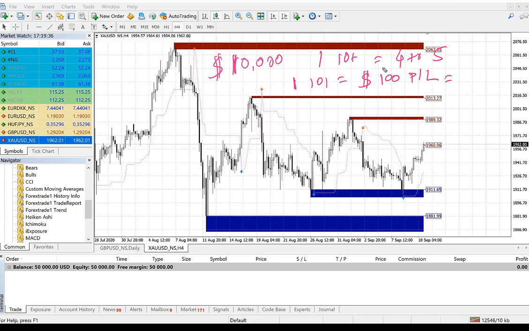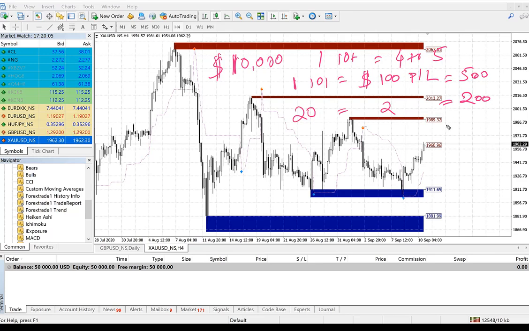With 5 points it would be 500 USD loss. Now if you consider GBP USD, you can keep 20 pip SL, which with 20 pip risk would bring around 200 USD risk.